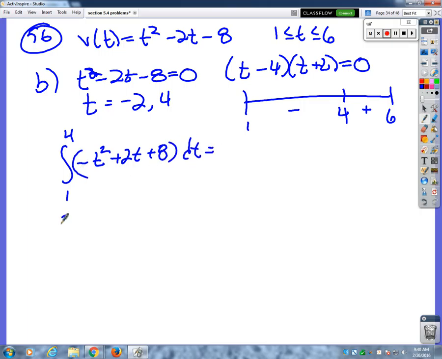And then I'm going to do the integral from 4 to 6 of the regular one. And I'm going to get those two answers. They're both going to be positive because I switched the negative one already. Add them together, and then I'm good.